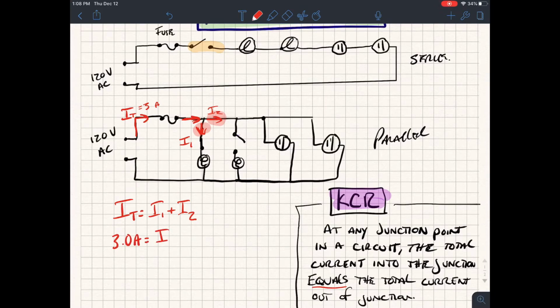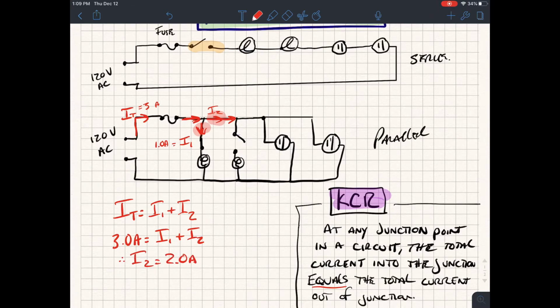That means the current in each of those two sections must sum to 3. Now let's take a look at what this means exactly, because going into the second junction, let's say I1 is 1 amp, just to give us something to play around with. That means, therefore, I2 must equal 2 amps.